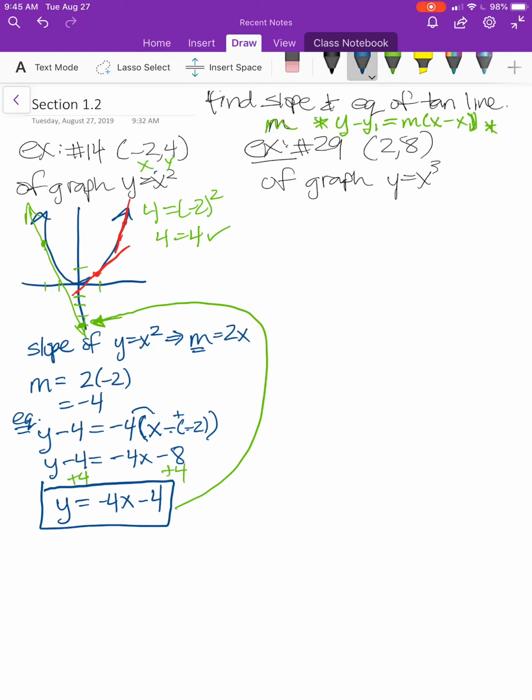Okay, moving to this next one, y equals x to the third. Again, you don't have to graph these, I'm just giving a visual. But if you don't remember what a cubic looks like, it does something like this. So at this point 2, 8, we could kind of visualize that we should get a very steep line.